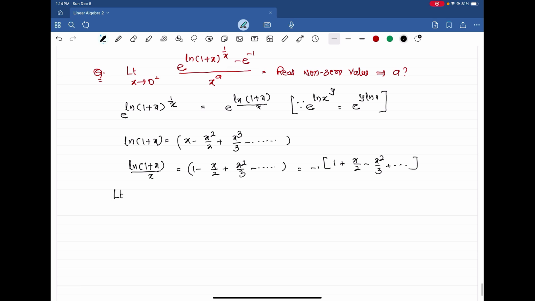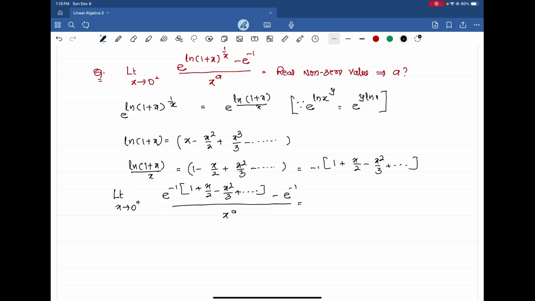Then this right hand side limit will be limit x tends to 0 plus of e to the power of minus 1 into (1 plus x by 2 minus x square by 3 plus so and so) minus e to the power of minus 1, divided by x to the power of a.